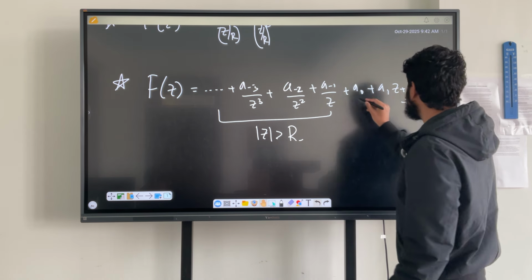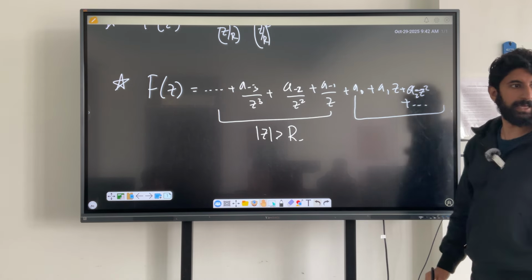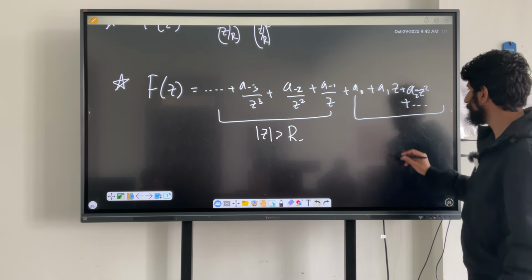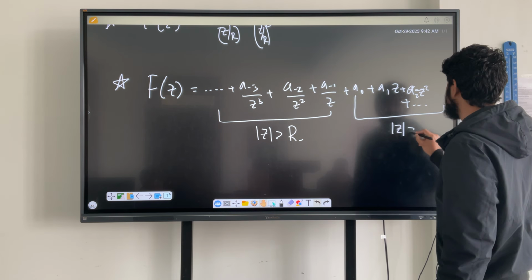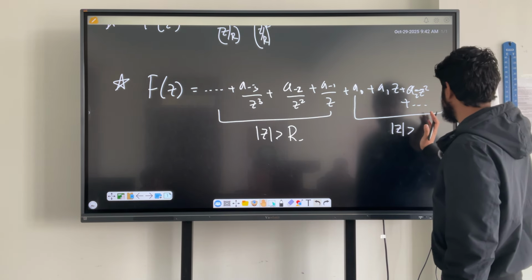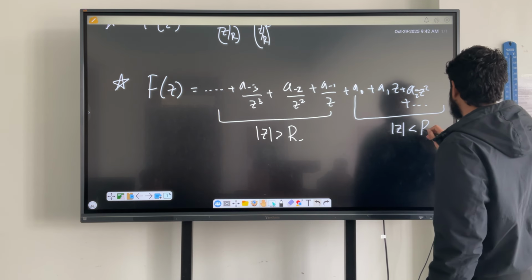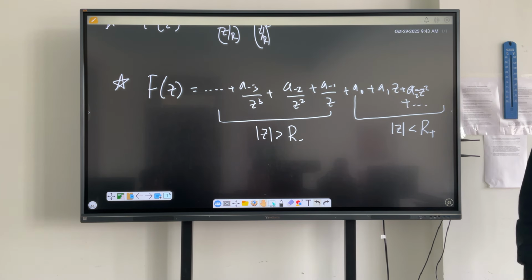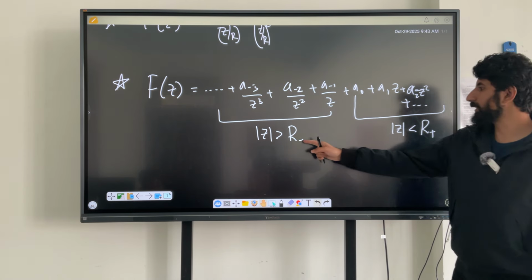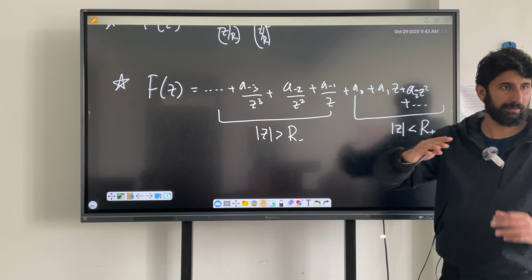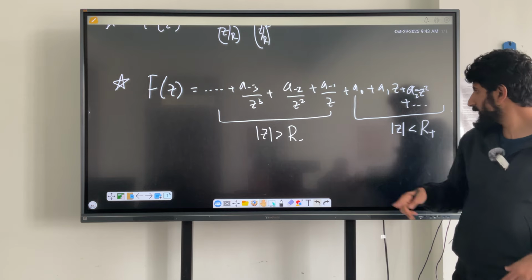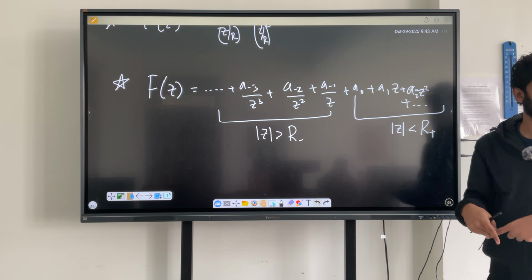And this guy, the analytic part, will converge when mod z is less than some r plus. This guy converges when mod z is bigger than some radius, and this guy converges when mod z is smaller than some other radius.